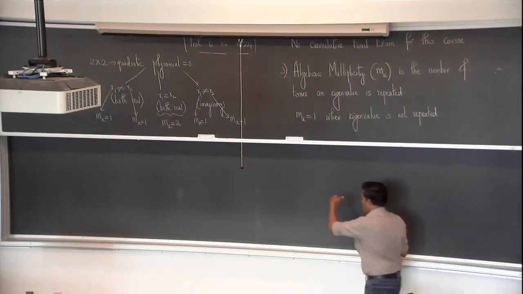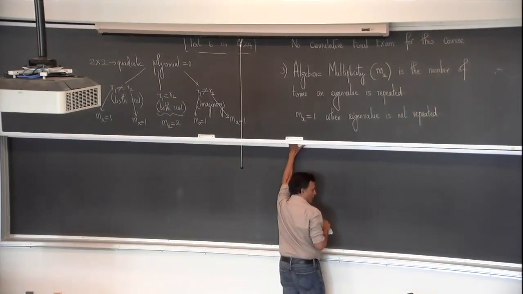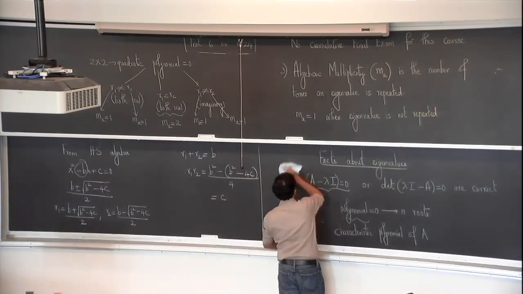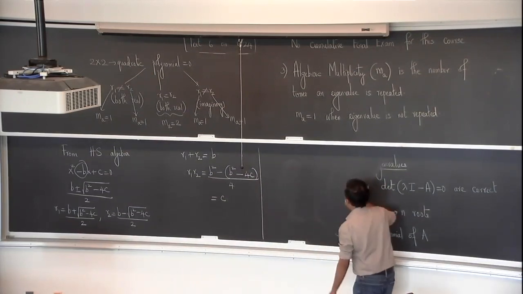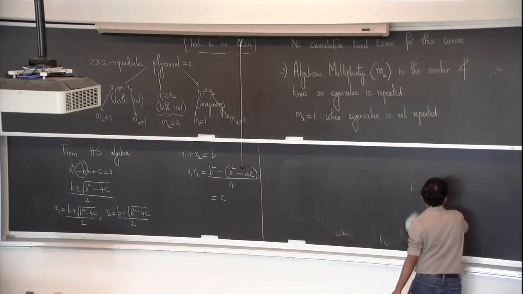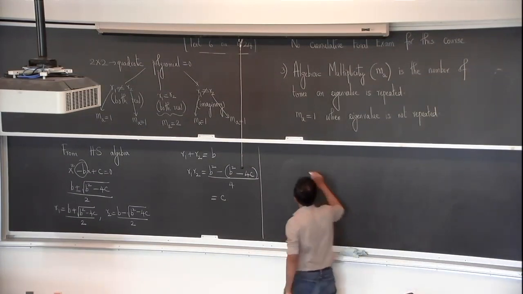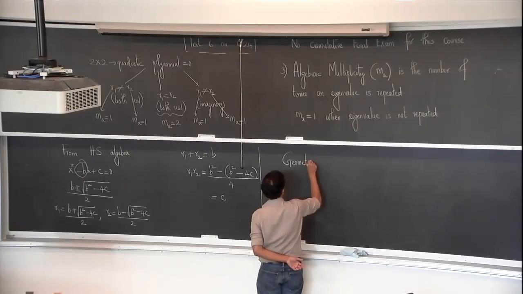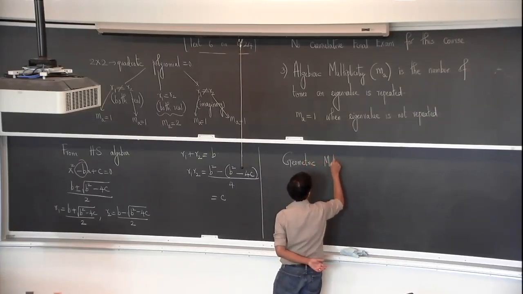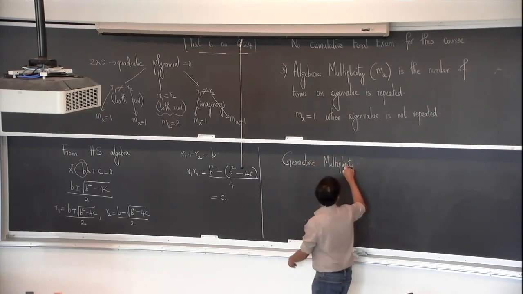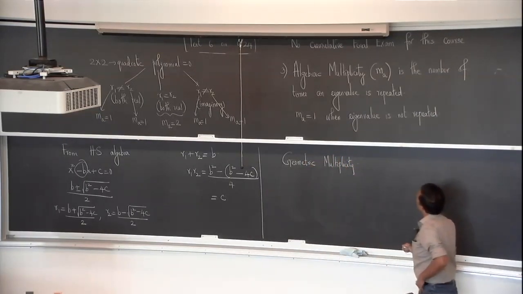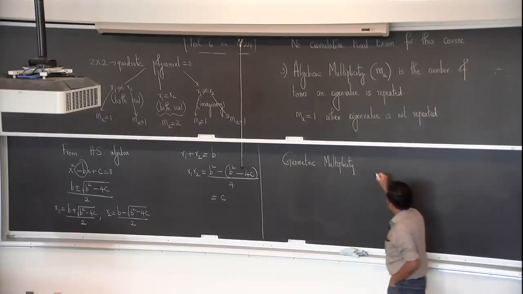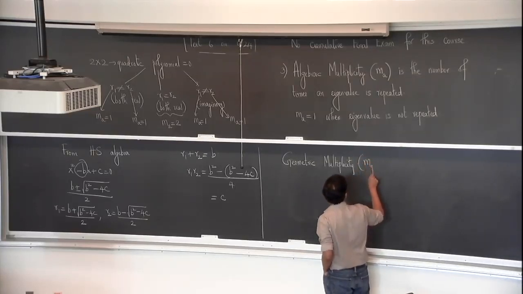Since we wrote algebraic multiplicity, let's also write what geometric multiplicity means. Again, let's abbreviate it by mg.